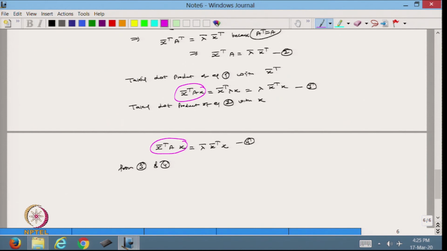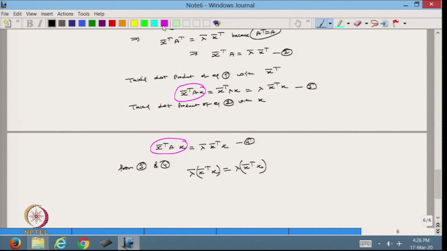So, from here I can write that lambda bar x bar transpose x is the same as lambda x bar transpose x. And what is this?